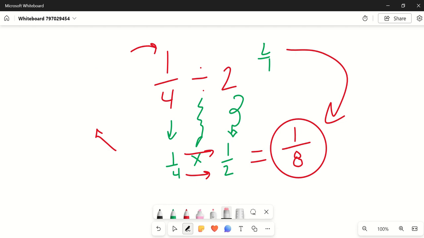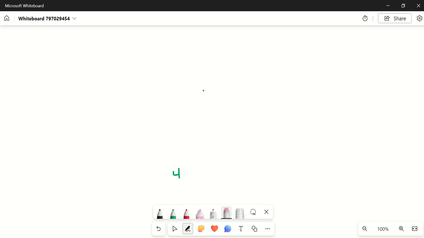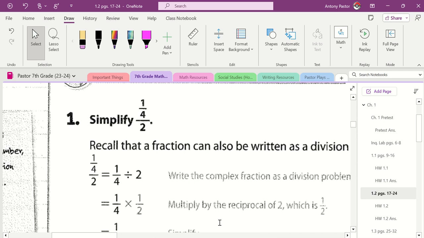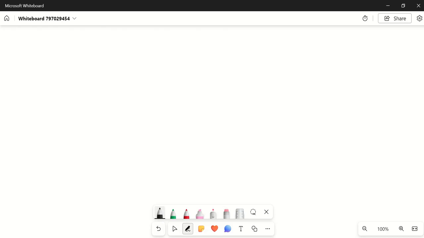Let's do another example, and let's actually pump the brakes a little bit on that one. Another example here is we have 1 over 1/2. So our example again is 1 over 1/2.